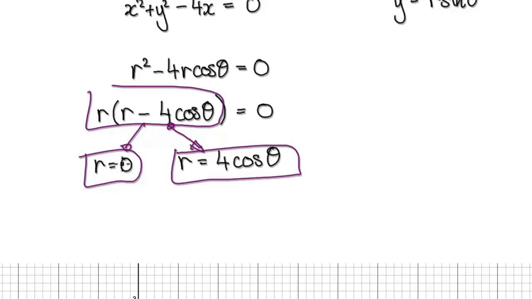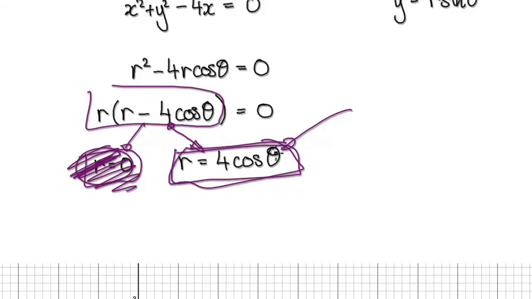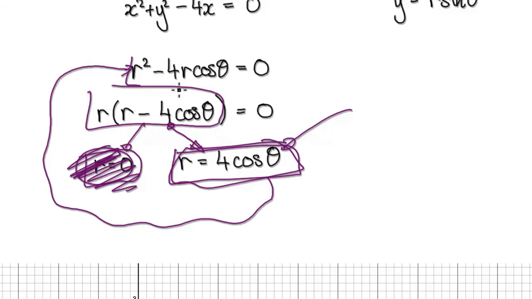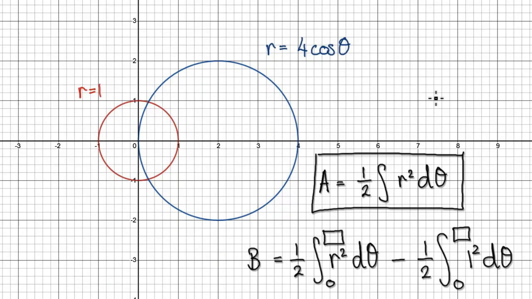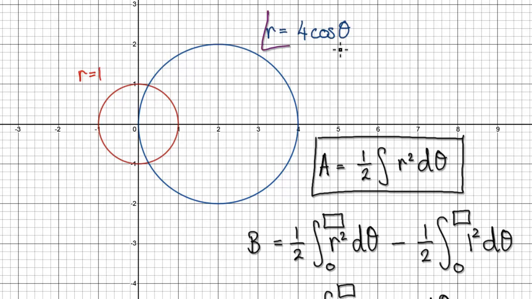But a circle of radius 0 is meaningless to us. So let's just demand this. Whenever you demand this, you will automatically demand that this thing equals 0. So if you demand that this thing equals 0, then you've got yourself a blue circle. So anyway, the equation for the blue circle is given by this in polar form.